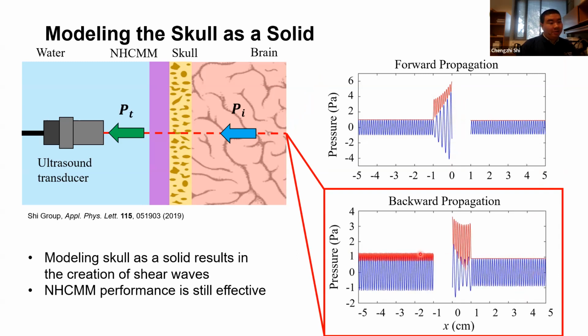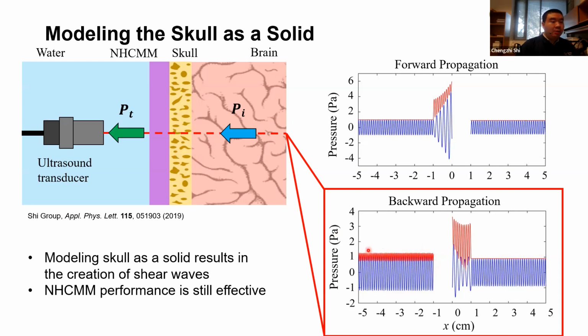But what's funny here is you start to see some interference pattern, not on the incident side, but on the transmission side. For the variance of the amplitude here, our hypothesis is that because of the incidence of the ultrasound onto the solid, it will result in some mode conversion, and especially the shear wave in the skull may take some role that results in the variance of the transmitted sound wave through the skull.